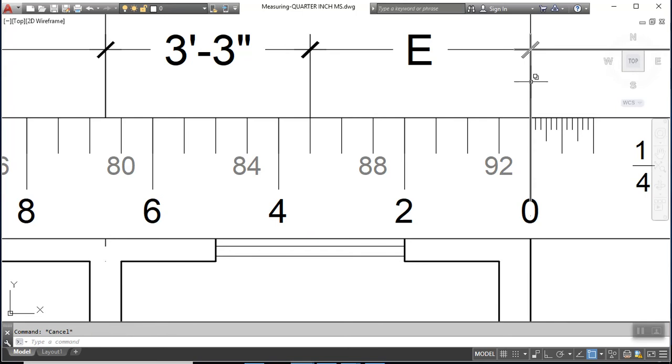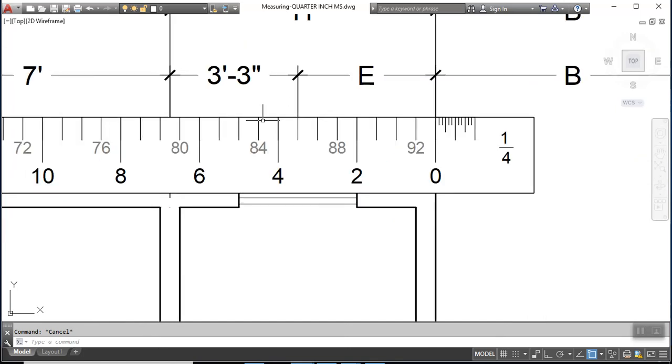Because look where E is landing. See, here's 0, here's 1 foot, here's 2 feet, here's 3 feet, and there's 4 feet. So it's between 3 and 4. And I think it's pretty easy to see that E ends halfway between 3 feet and 4 feet. So if you recall, we call that 3 foot 6 inches.